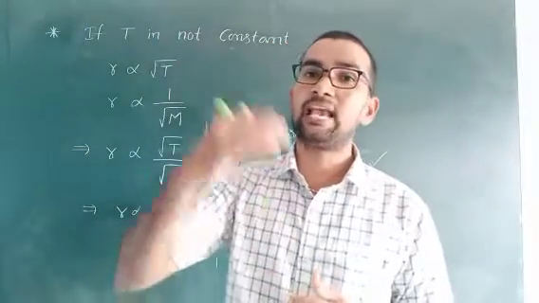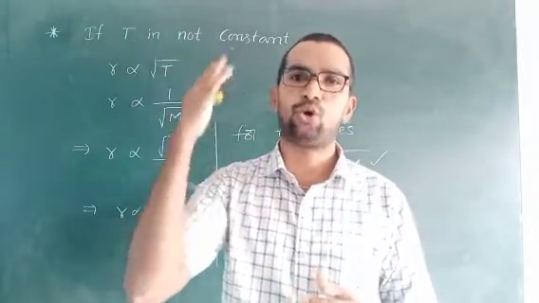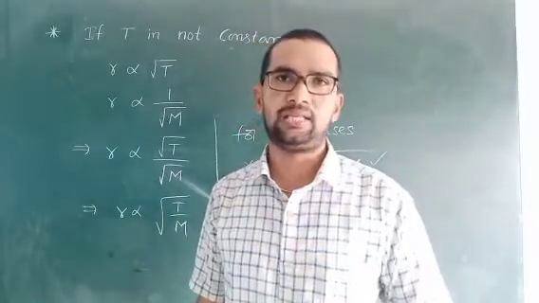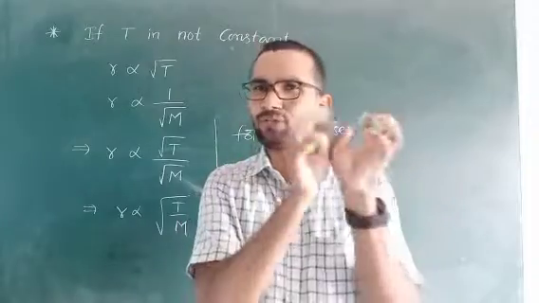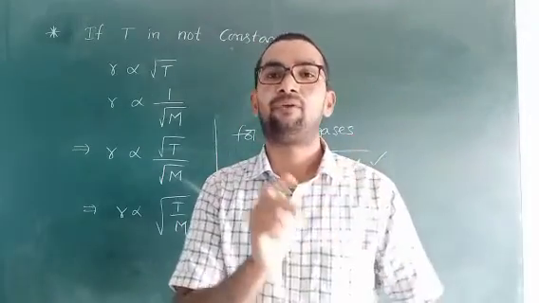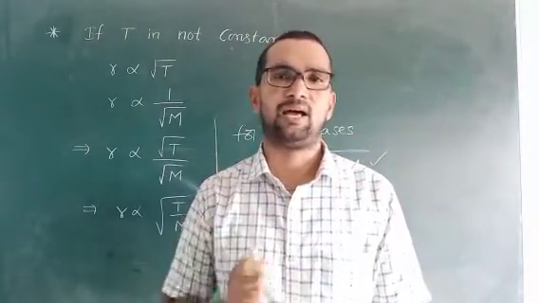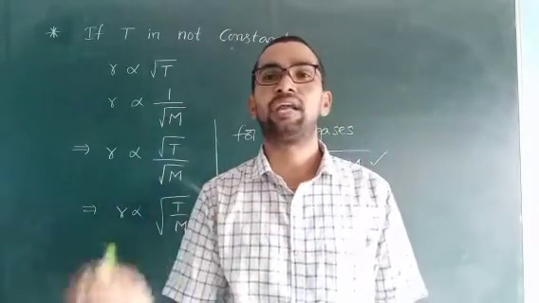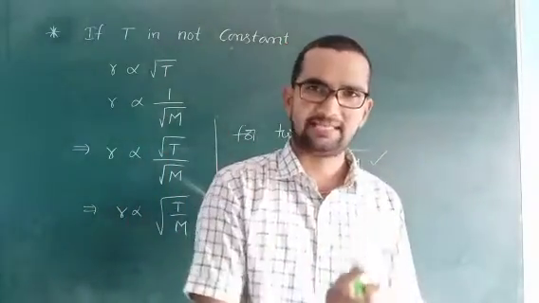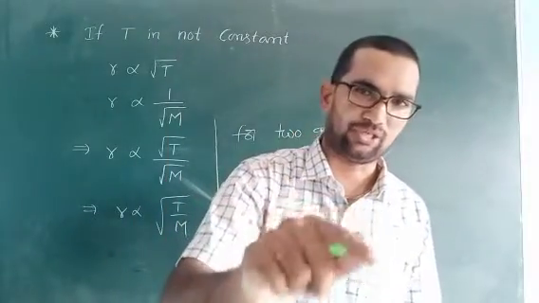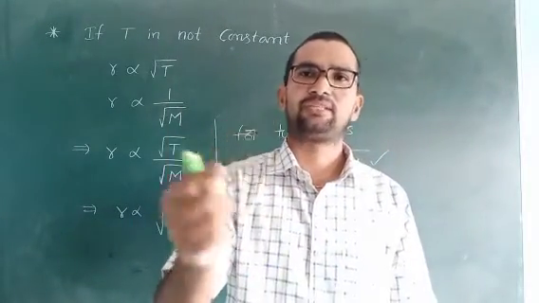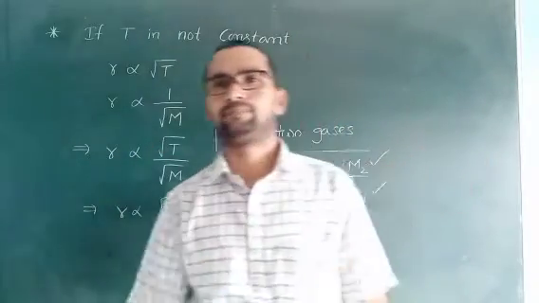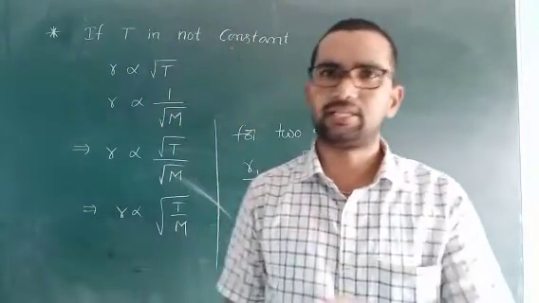Effusion means escaping gas through a small hole or a small aperture. That is the effusion. So by using these two definitions, what is Graham's law? Graham's law means the rate of diffusion or rate of effusion of a gas is inversely proportional to square root of its density or molecular mass or vapor density. Okay, these are the first relations.